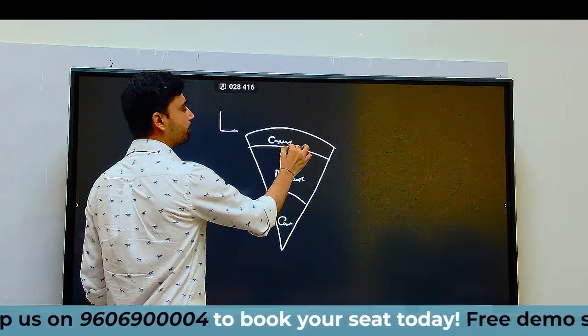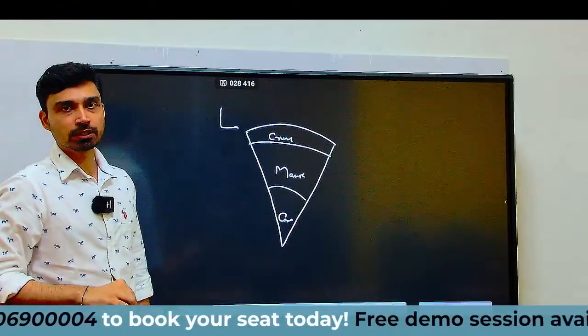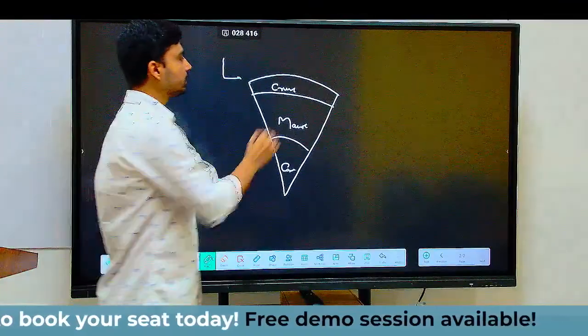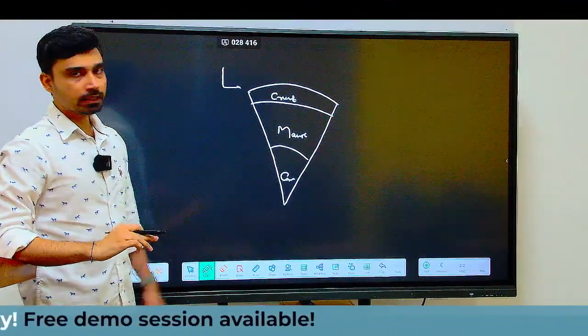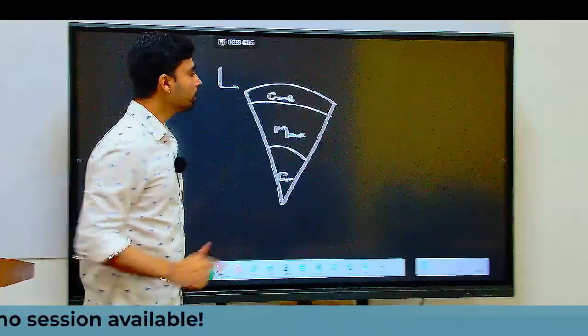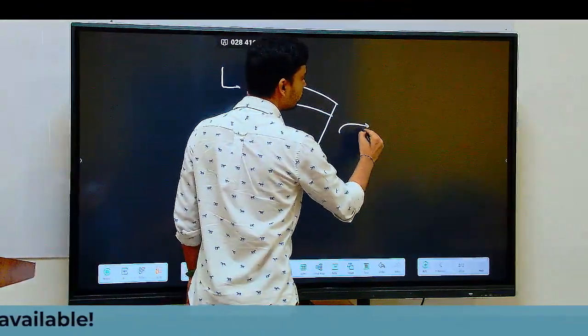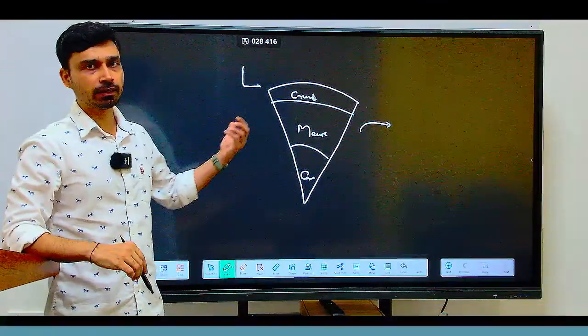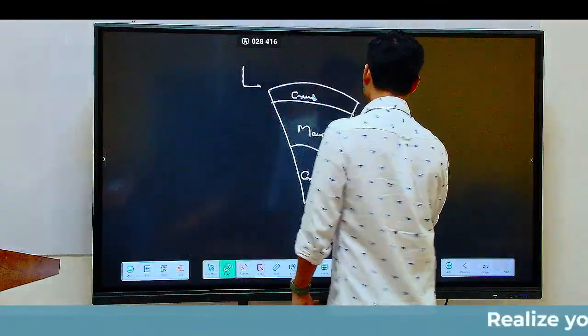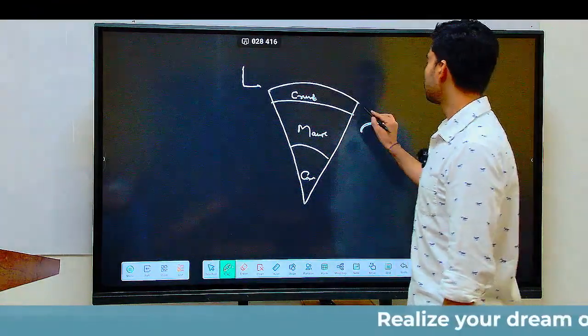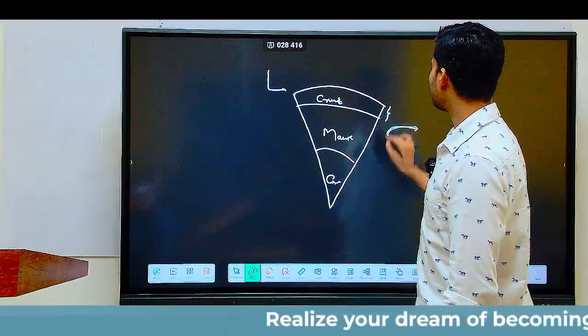Before the plate tectonic theory was given, it was believed that the crust layer was moving over the mantle layer and the mantle layer was moving over the core layer. However, as scientific technology developed, scientists started to understand that it is not the crust alone moving over the mantle.